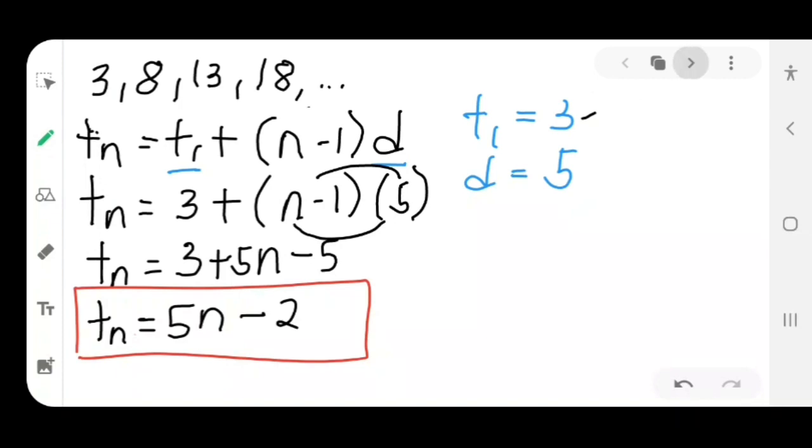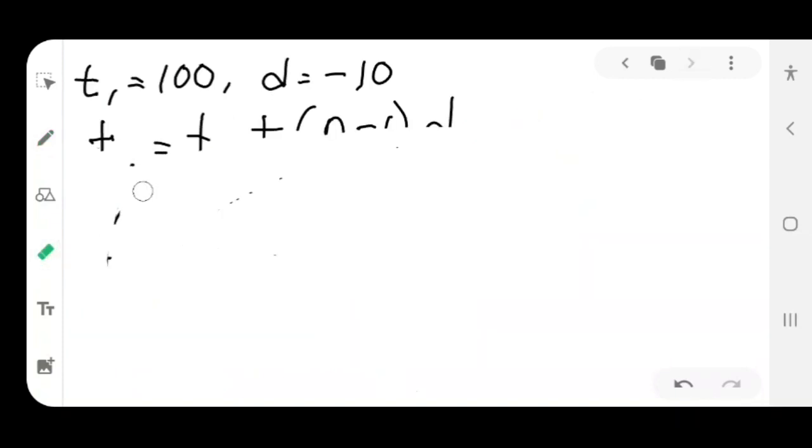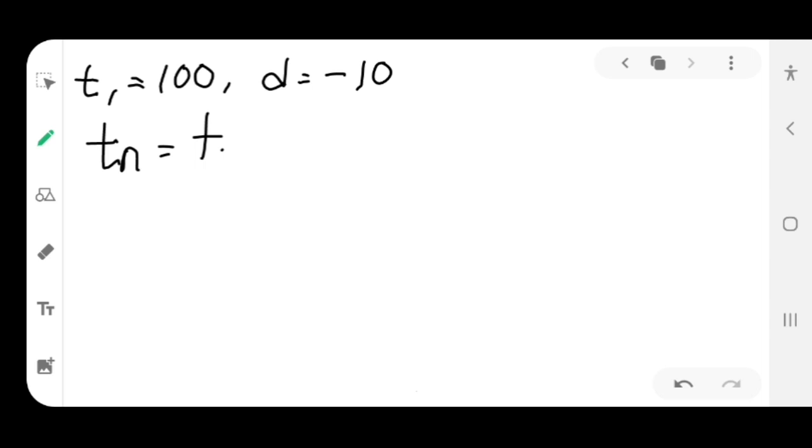Let us now proceed to the second example. In the second example, you are given the first term and the common difference. So the process is the same. We are going to use the formula for the general term, and that is t sub n equals t sub 1 plus the quantity of n minus 1 times d.